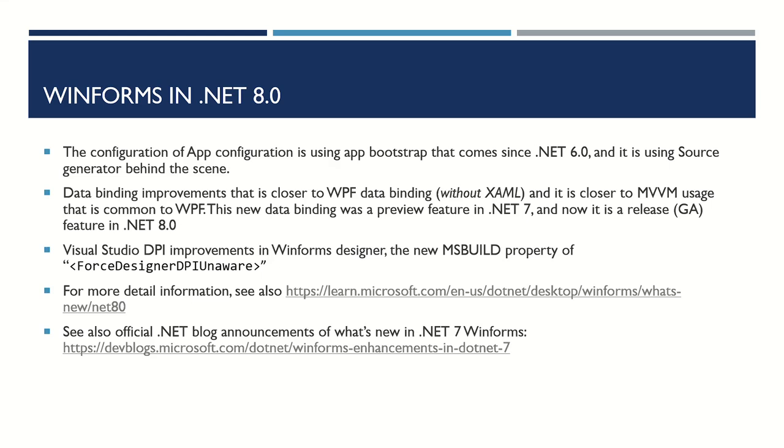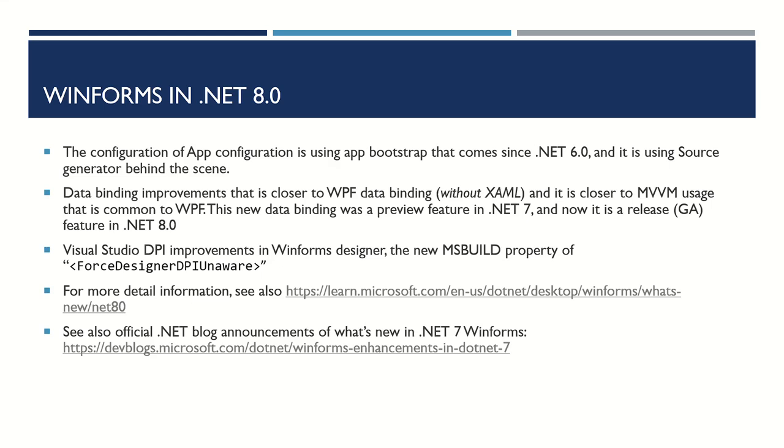If you remember that I've already discussed in the previous videos, WinForms is now just using Microsoft.NET SDK. But then you have to mark your project to use WPF, use WinForms, then you're good to go.